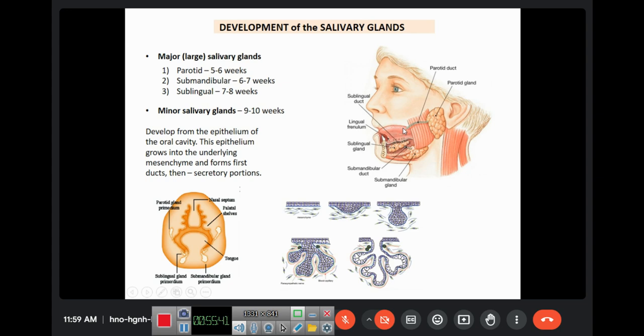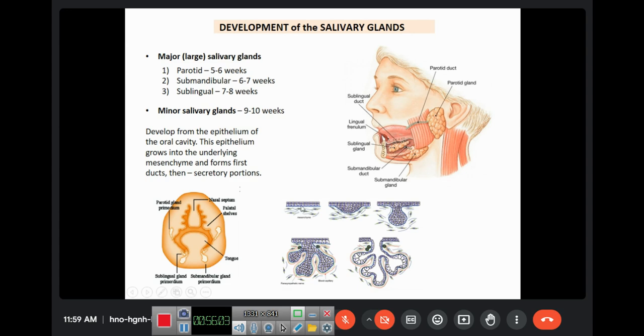So major salivary glands start to develop on week 5, 6 for parotid gland, up to 7, 8 weeks for sublingual gland, and minor salivary glands develop later.